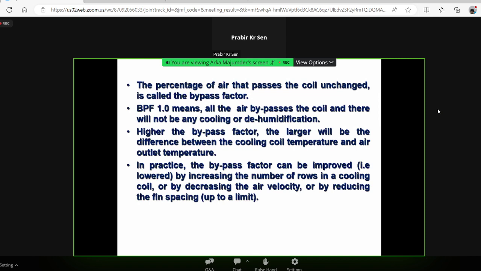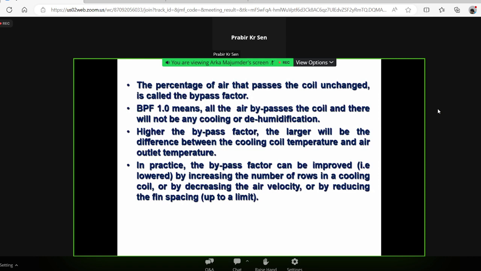If we decrease the air velocity, then when air passes over the cooling coil, it gets more time to stay in intimate contact with the cooling coil surface, and in the process it gets cooled. And then by reducing the fin spacing, that means more number of fins per inch. That means more cold surface area, cooling surface area.